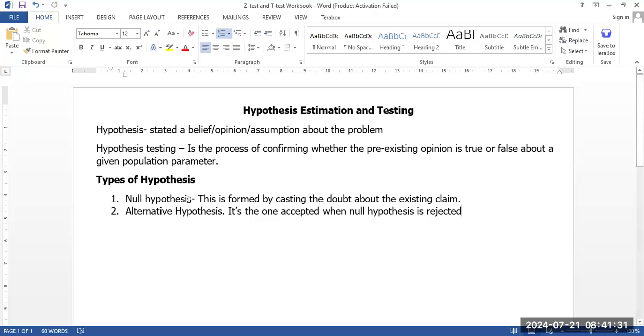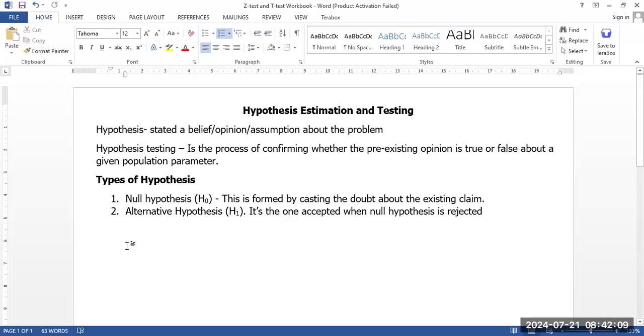Always know that we have only 2 types of hypothesis, null and alternative. The null hypothesis is always defined as H0, and the alternative hypothesis is always defined as H1.